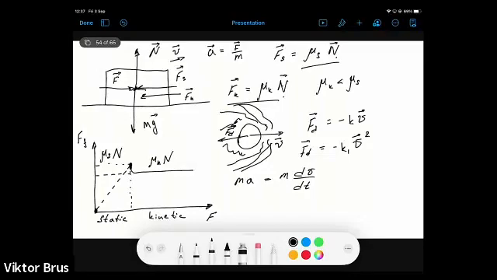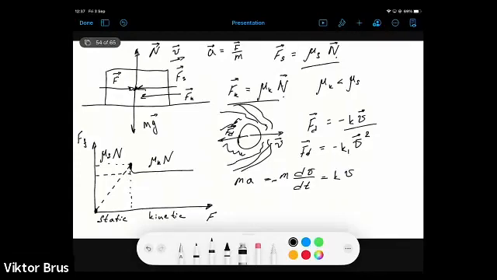And this will be equal to, if we consider slowing down, let's say we initially had some velocity, minus, because this will be a negative derivative dv over dt. Since the body is slowing down, it will be negative. And that is equal to k times v. For instance, we consider this case when we have linear dependence.